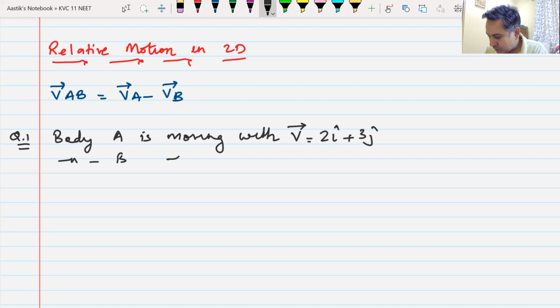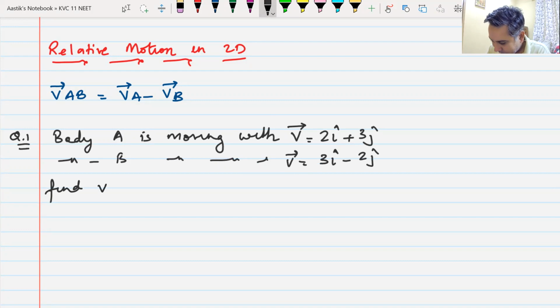Body B is moving with velocity 3i minus 2j. You have to find the velocity of A with respect to B and the velocity of B with respect to A.